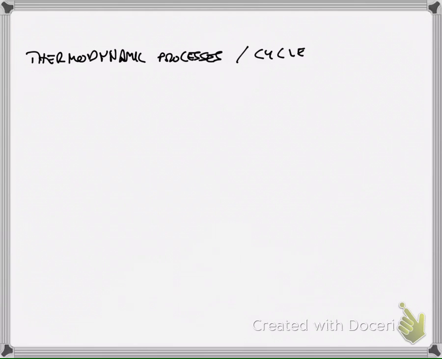A cycle is a special example where whatever system you're considering, you go through a series of processes and end up back where you started. And so cycles are where you start talking about things like refrigerators, or engines. With an engine, you run some kind of a cycle, and then you ask, all right, I got my system back to where I started.